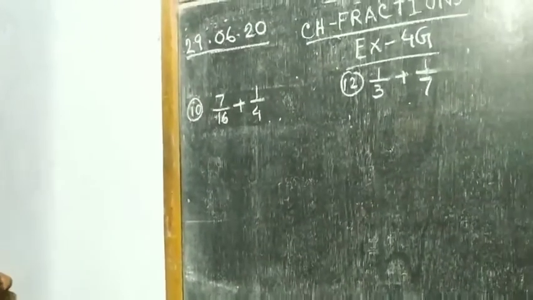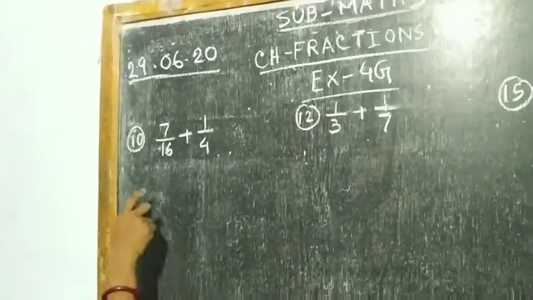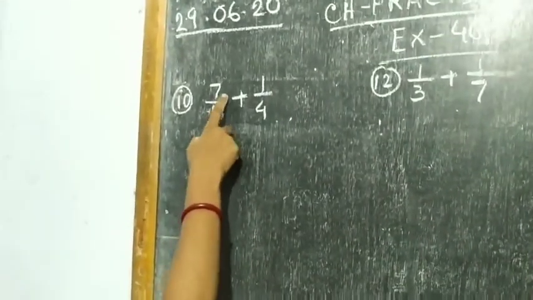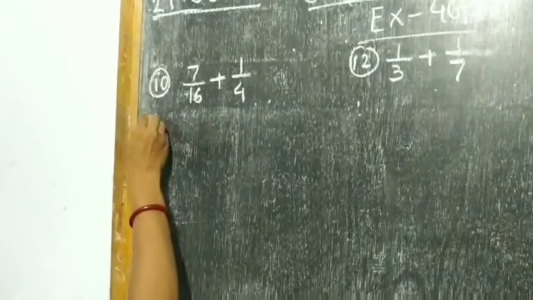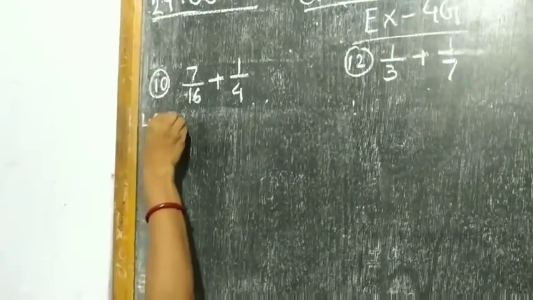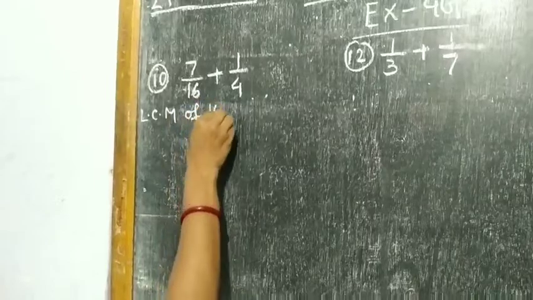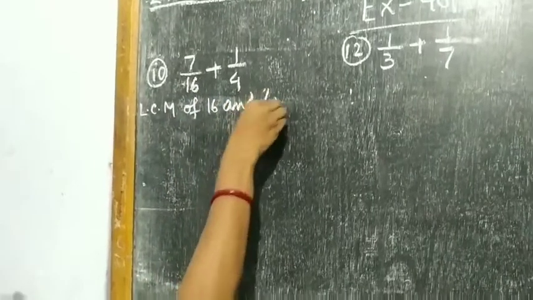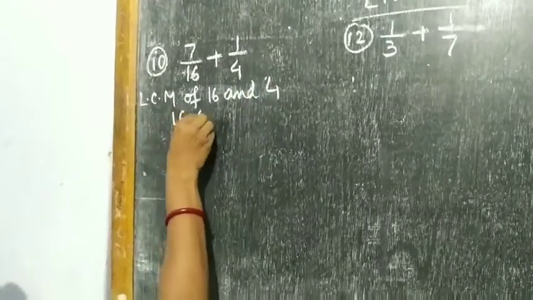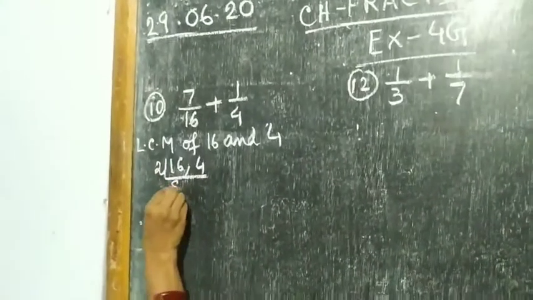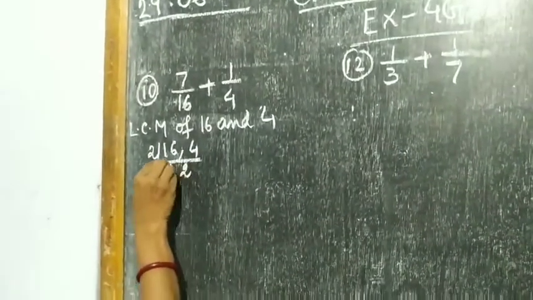Now children, let's do sum number 10. Here we have to add the fractions 7 by 16 and 1 by 4. First we take the LCM of the denominators 16 and 4. Here also I shall apply the repeated division method. 16 divided by 2, 8, 4 divided by 2, 2.